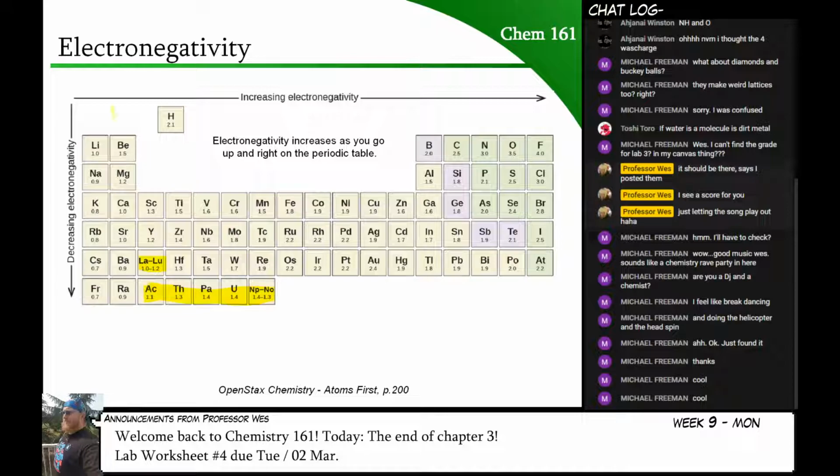As you go from left to right, the numbers get bigger. And as you go top to bottom, the numbers get smaller. That means that the highest electronegativity element must be in the top right, and that's fluorine. Fluorine is the highest electronegativity, and not by much, it's by a long shot.